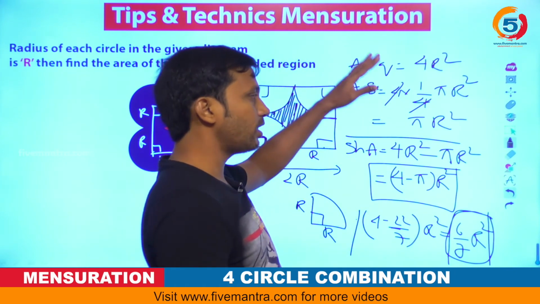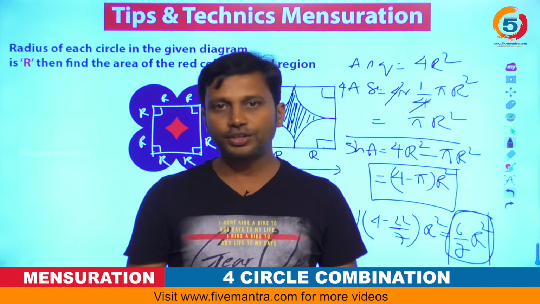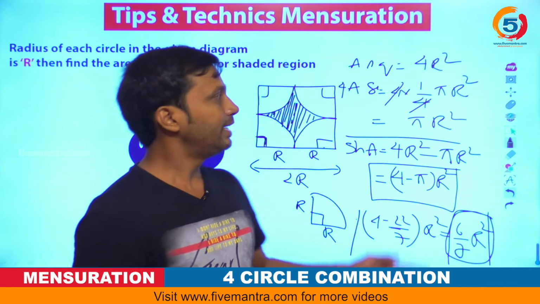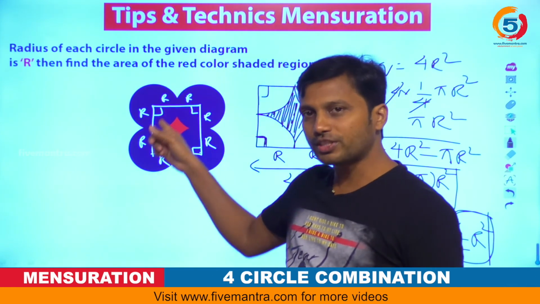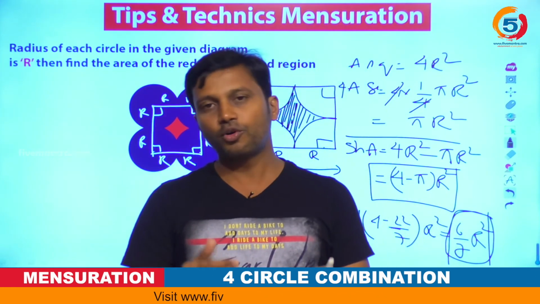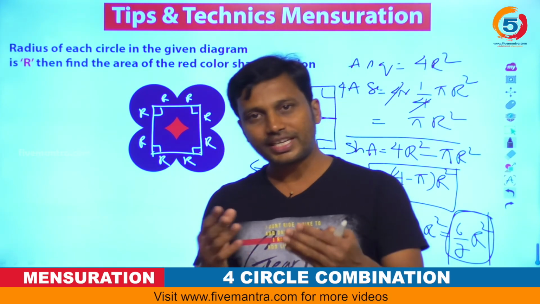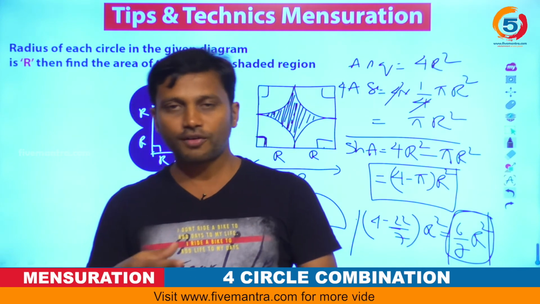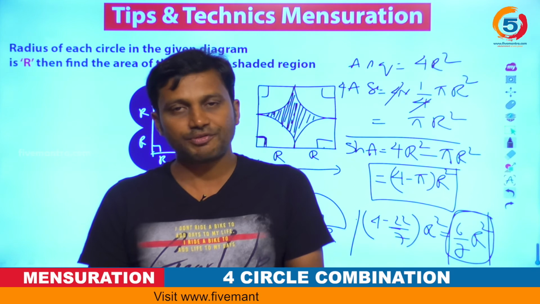First understand the whole concept and then apply the shortcut. Anyway, we are going to give exercises on each shortcut. We will give 4 or 5 problems on this 4-circle combination in different ways. For the 3-circle combination, I will also provide 4 or 5 problems in my next video.